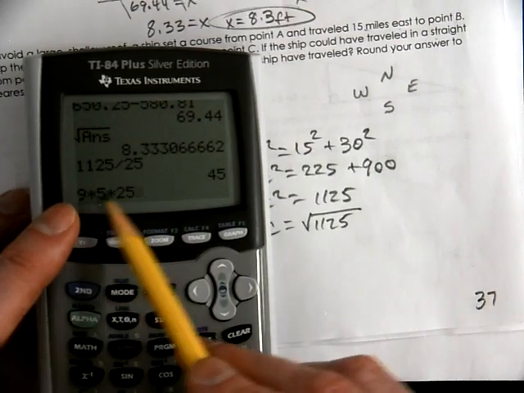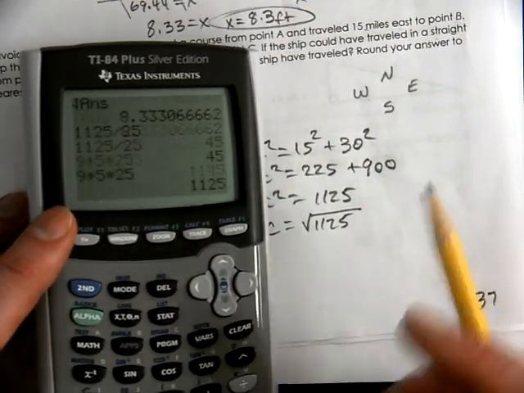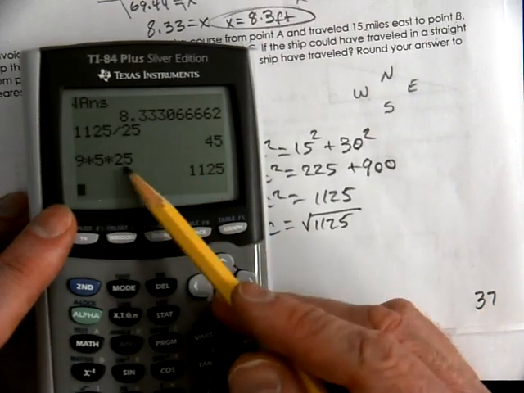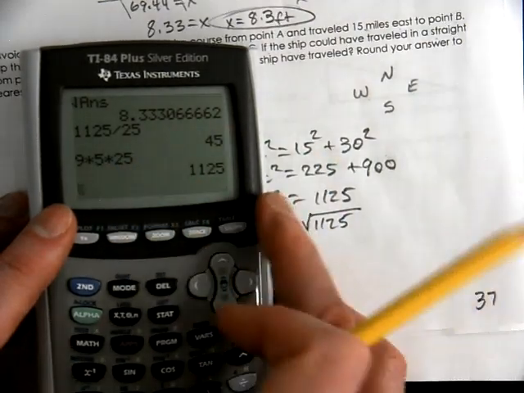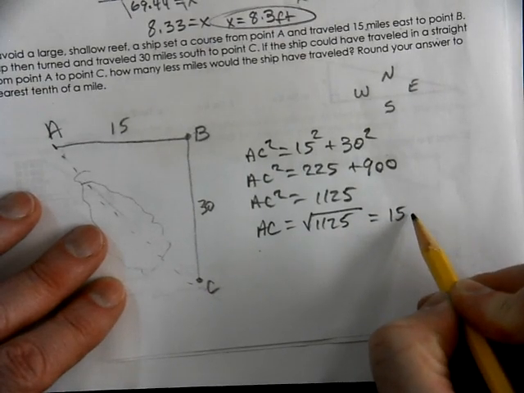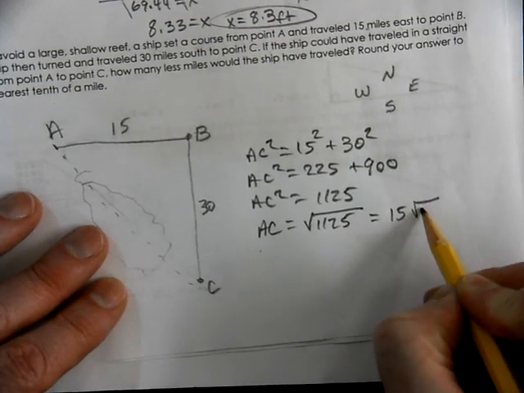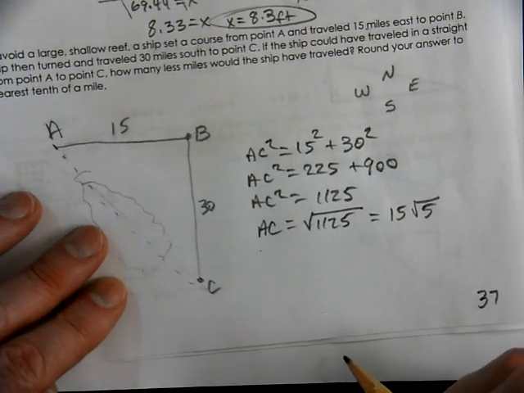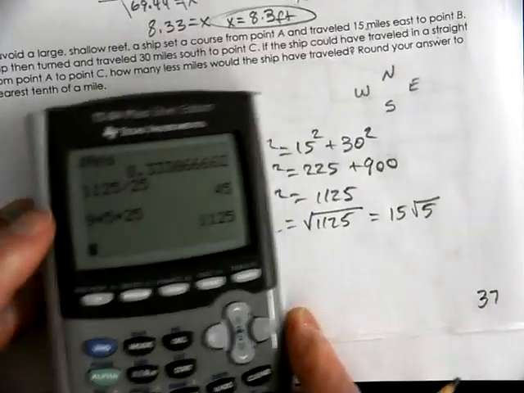We know the square root of 9 and the square root of 25. That is still this 1125. So you could say 15 times root 5, 15 root 5.